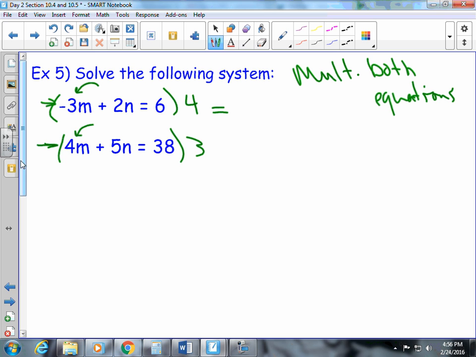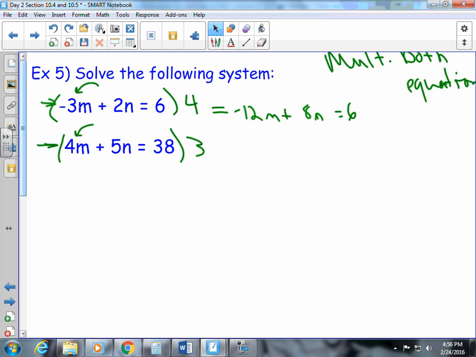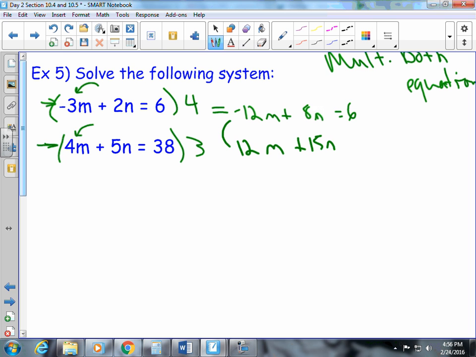When I multiply everything by 4, now I got negative 12m plus 8n is equal to 6. And when I multiply everything by 3, now I got 12m, now I got the situation I'm looking for, plus 15n is equal to 114. 3 times 38 gives me 114.